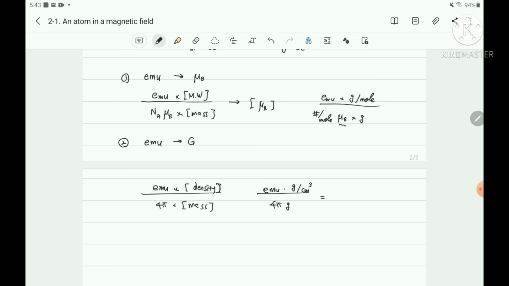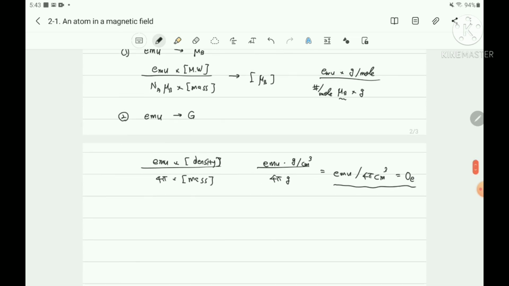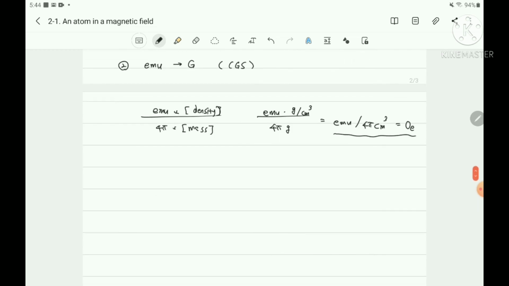Therefore, it is emu per 4 pi cubic centimeter, which is identical with oersted in the Gauss unit. We should remember this. Anyway, here we used the CGS unit, not MKS. The dimension change in electricity and magnetism is very complex, and in some cases I do not remember it either and always check the textbook. Therefore, we should be very careful.